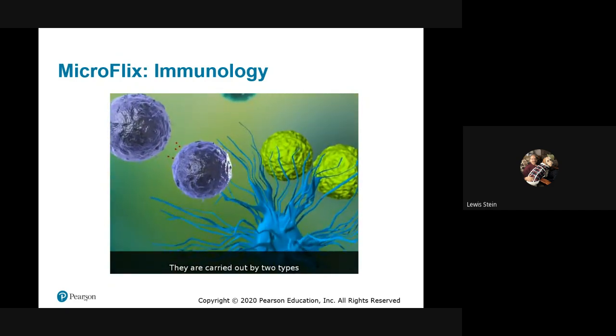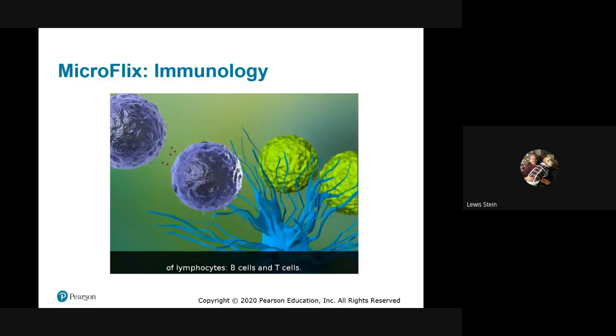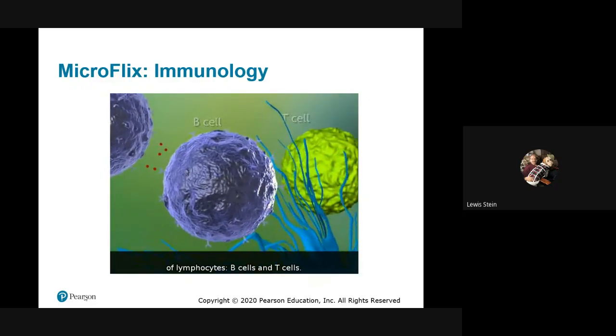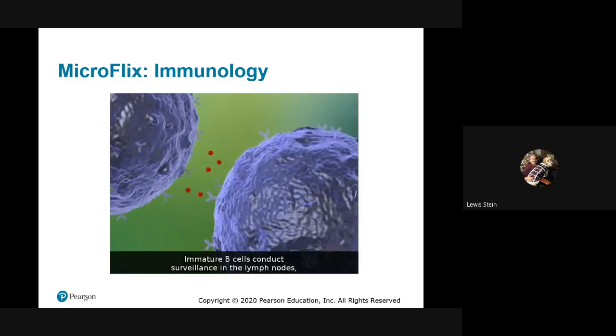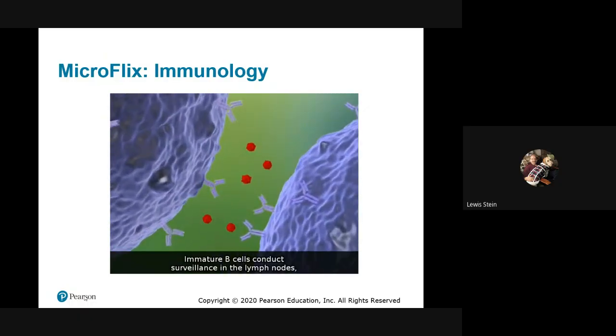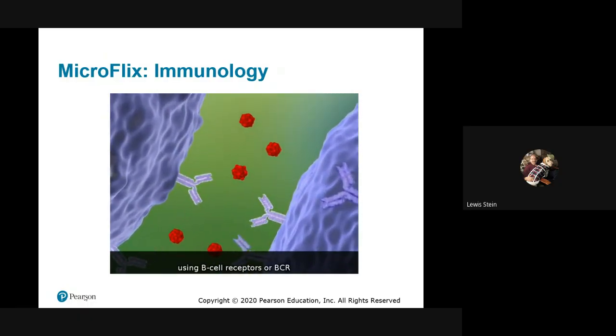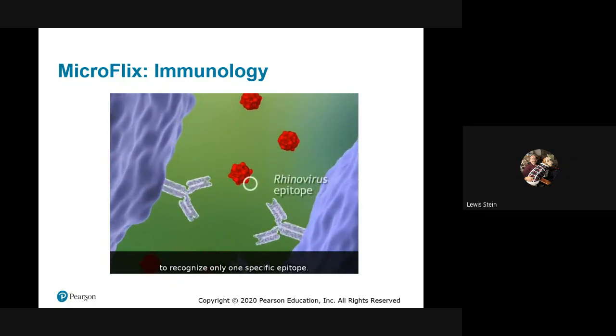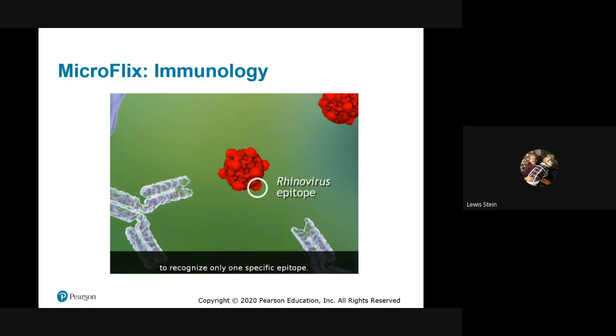They are carried out by two types of lymphocytes, B cells and T cells. Immature B cells conduct surveillance in the lymph nodes, using B cell receptors, or BCR, to recognize only one specific epitope.